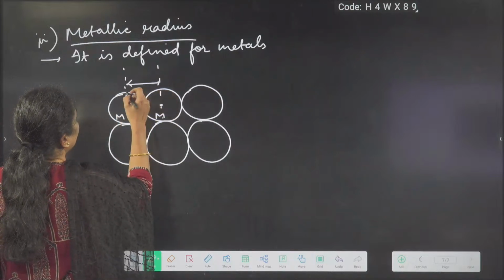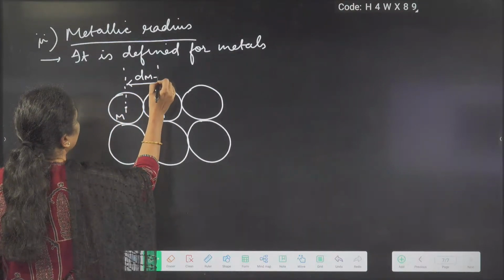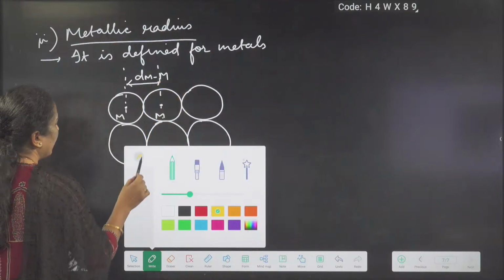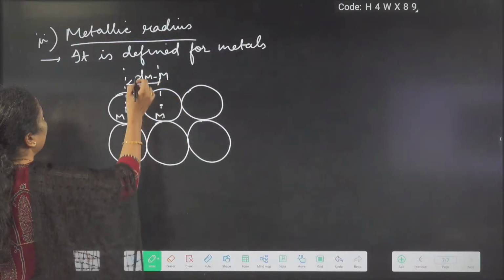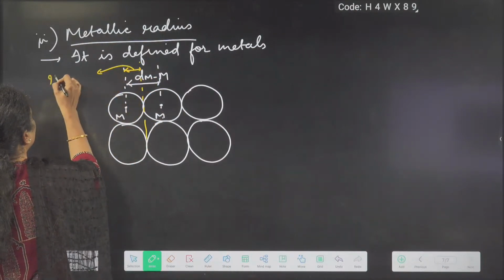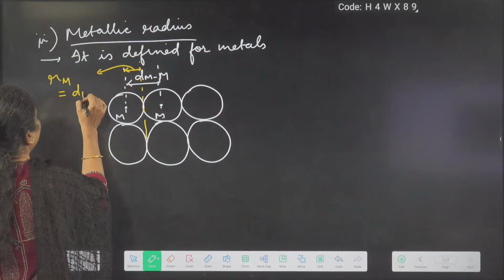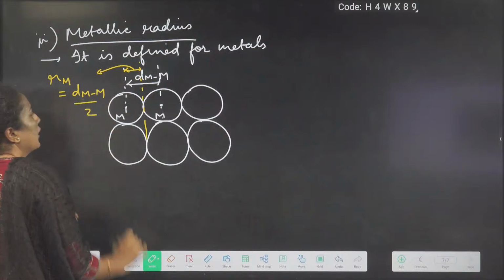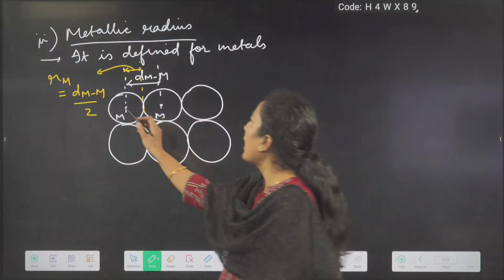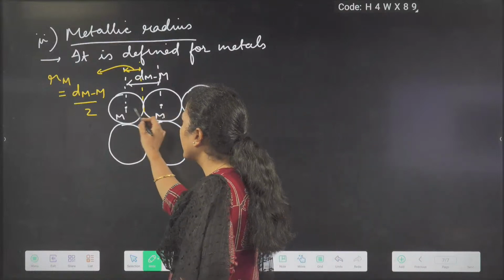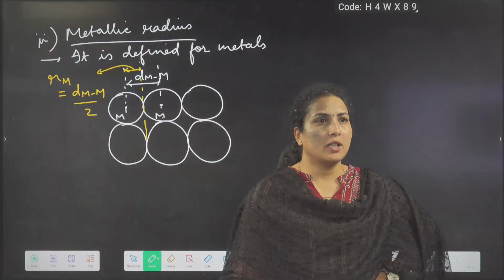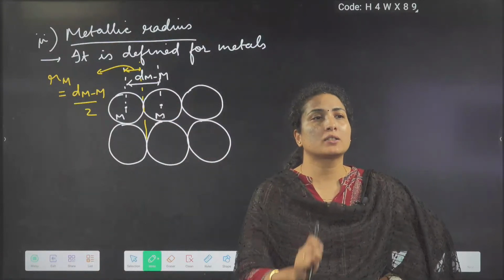Now this distance you are able to see, this is the distance between two metal atoms, right? Now if I want to represent the metallic radius, simply I'll be taking half of this. So Rm is equal to dmm by 2. So what will be my answer? For metallic radius, it is half of the internuclear distance between the two adjacent atoms which are present in the crystal lattice.